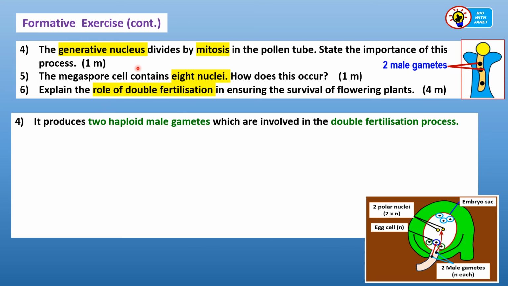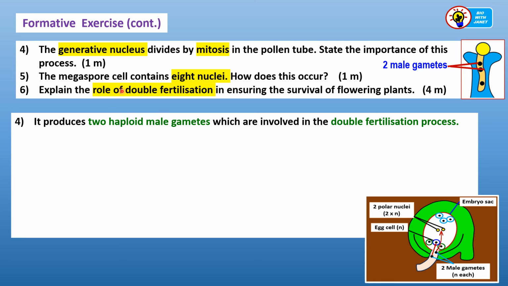If more marks are given, you may have to elaborate and explain the function of the male gametes. For example, you can mention the first male gamete fuses with the egg cell to form a diploid zygote, and the second male gamete fuses with the two polar nuclei to form the triploid endosperm nucleus, which will then form the food store.